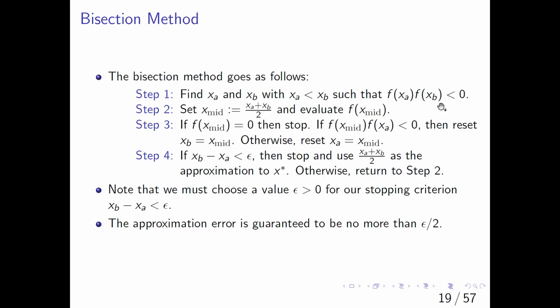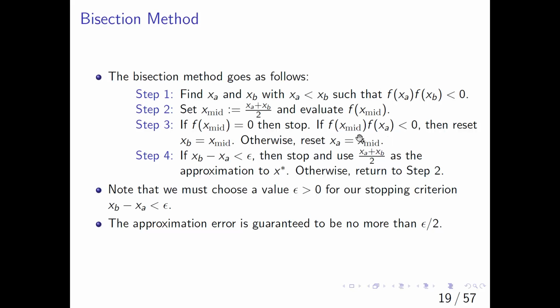Once we found these two points, xa and xb, we take the midpoint and evaluate the function at this midpoint, x mid. Then we check if f(x mid) becomes 0. If so, this is the right solution we're looking for, then stop.